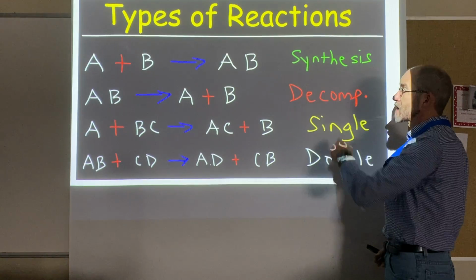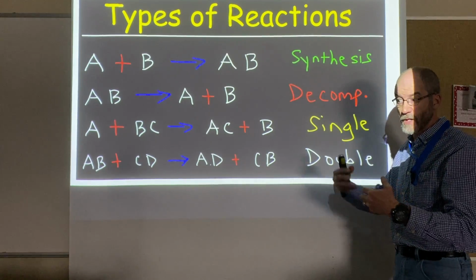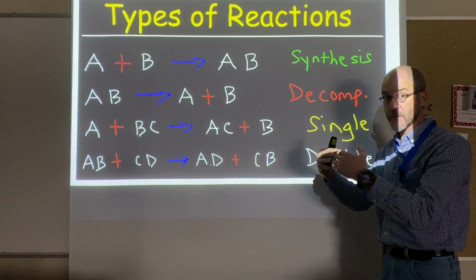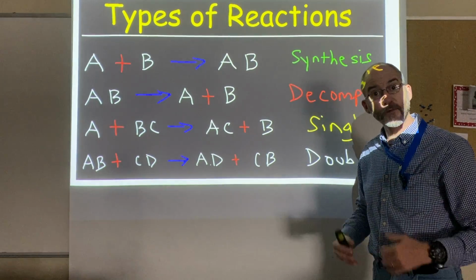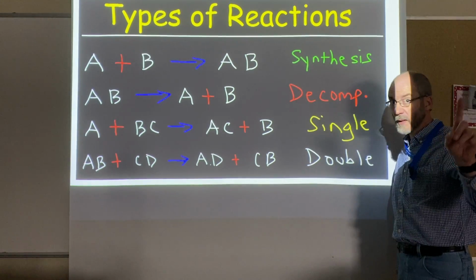Well, you can have a synthesis reaction that isn't combustion. So there is some difference, obviously, between the two, even though the result is very similar. So we'll make sure you understand that before we're done. But understand, that's why there's only 4 on here. So here we go.